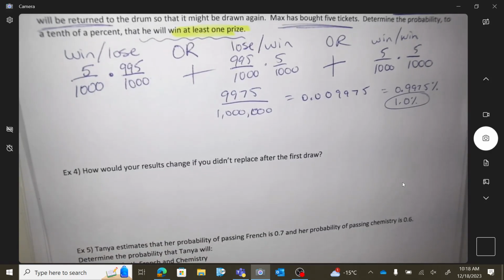Am I matching with you? When it rounded, I basically just said, well, that's rounding to 1%.